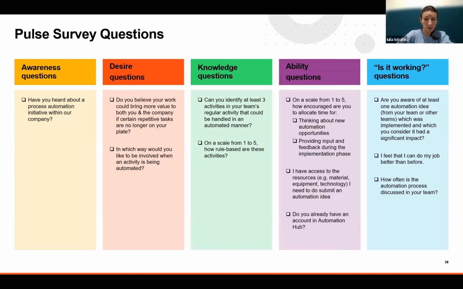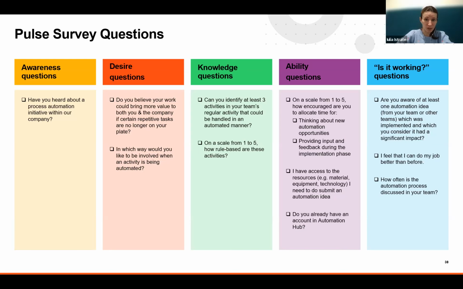Whether they are aware of having access to Automation Hub and to the materials needed to support their activity. And of course, to know whether, if they submitted any idea, something they discovered on Automation Hub helped them or not. And if ultimately the automation program has a positive impact on them, and whether Automation Hub contributed in this direction.